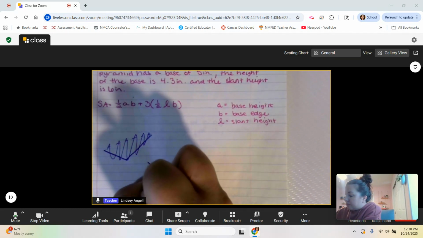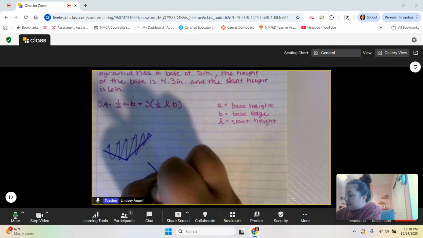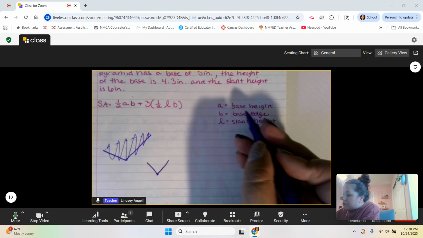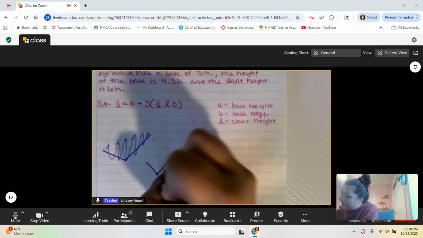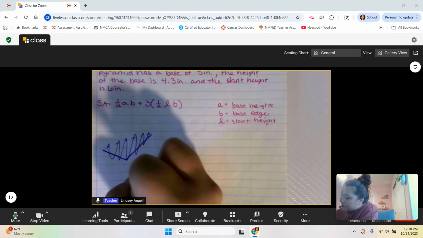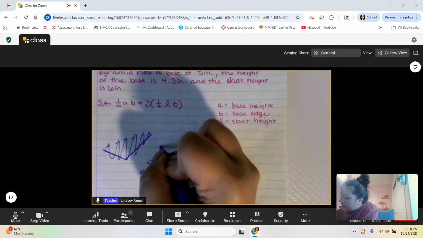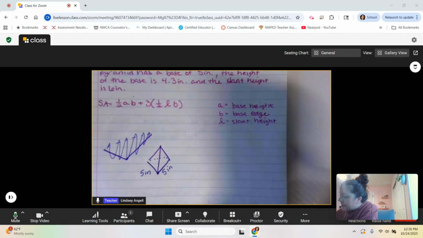So if I do that, then that would look something like this. So the base edge is 5 inches. So these would each be 5 inches.